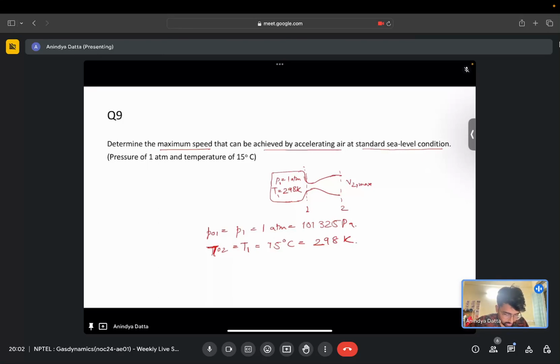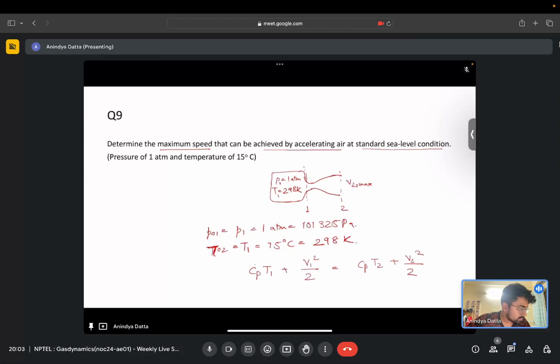So let's say we apply the energy equation. Cp T1 plus V1 squared by 2 is equal to Cp T2 plus V2 squared by 2.